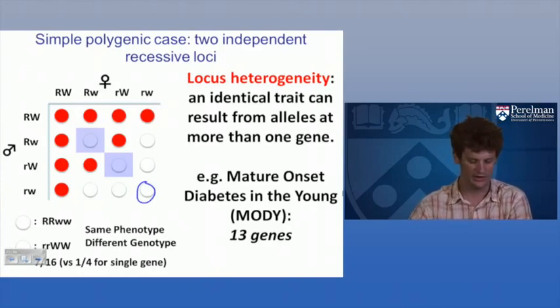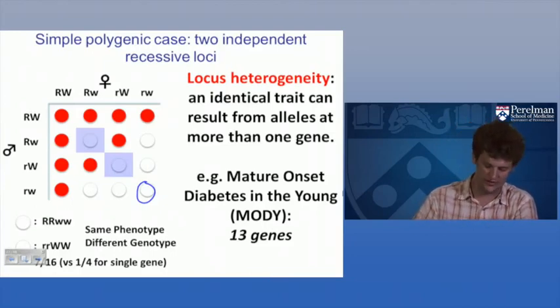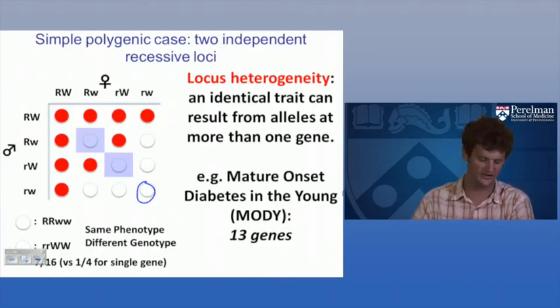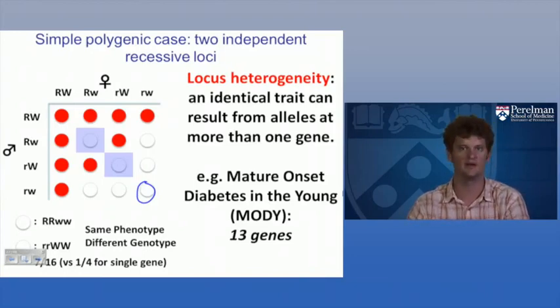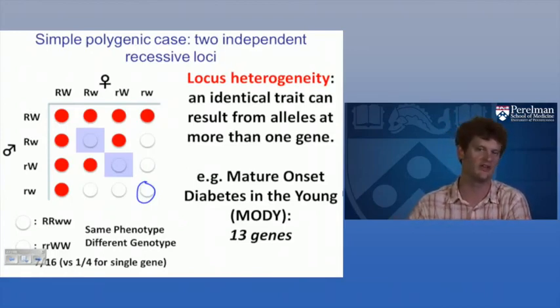And if you have big R and big W, then you have the red case. Now you get these more complicated ratios: in this case, 7/16 white circles and 9/16 red circles. This is an example of locus heterogeneity. Basically, the same trait can be a result of multiple different genes, but these are independent, acting individually as Mendelian kinds of genes.